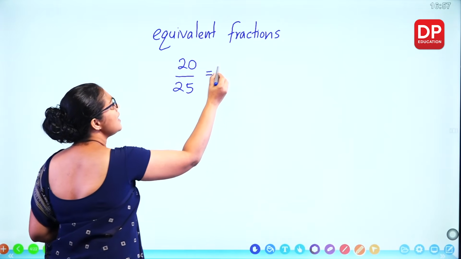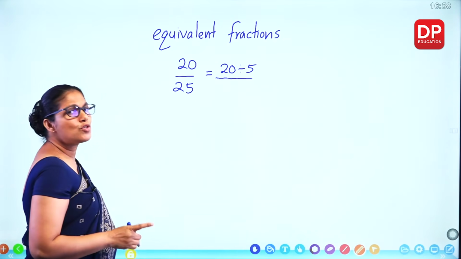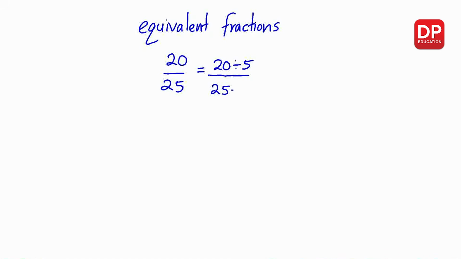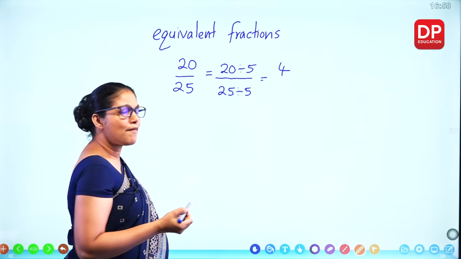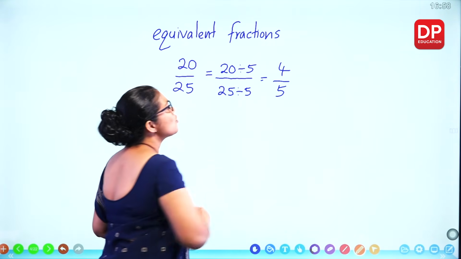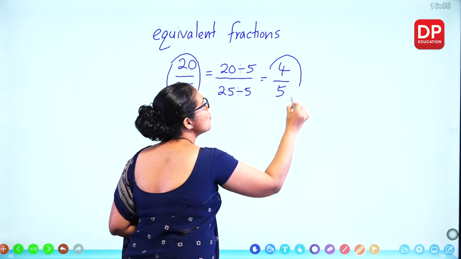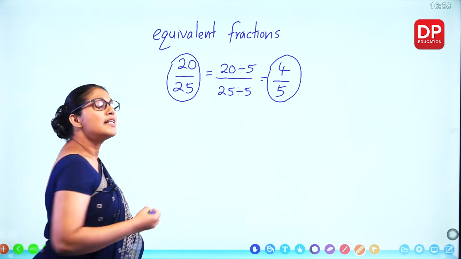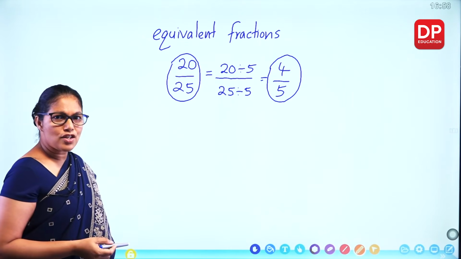I want to divide this number by 5. When you do something to the numerator, you have to do the same thing to the denominator as well. 20 divided by 5 is 4. 25 divided by 5 is 5. So we can say this fraction is equivalent to this one. Same value, but you get a different numerator value and denominator value. So what are equivalent fractions?